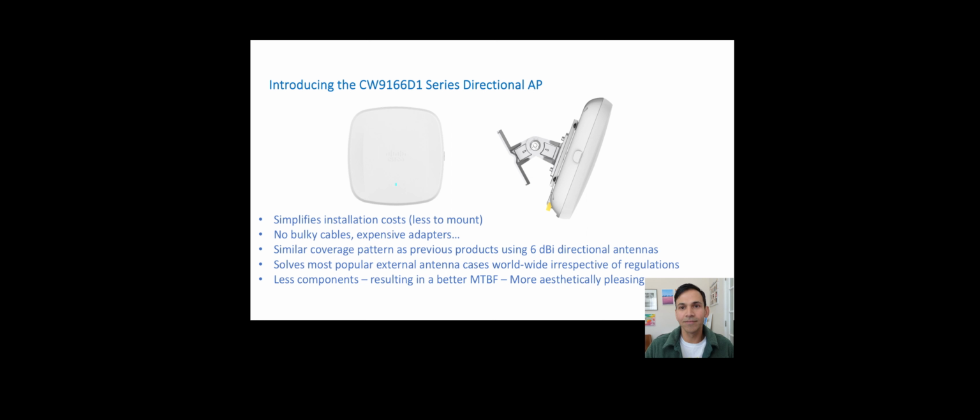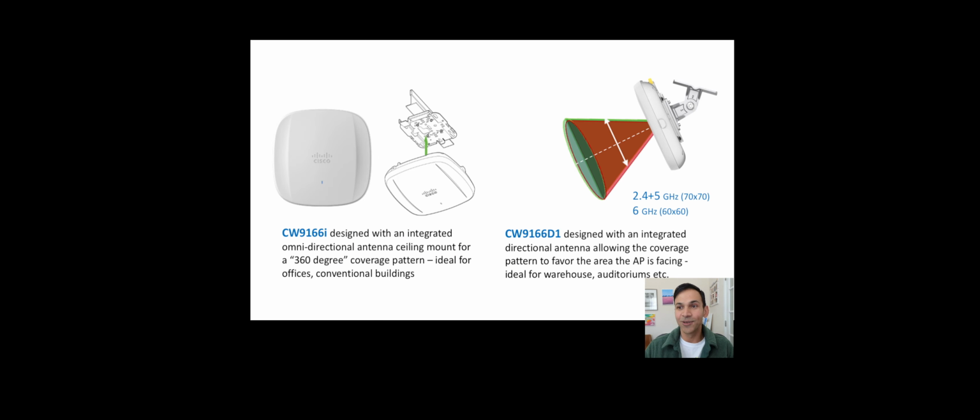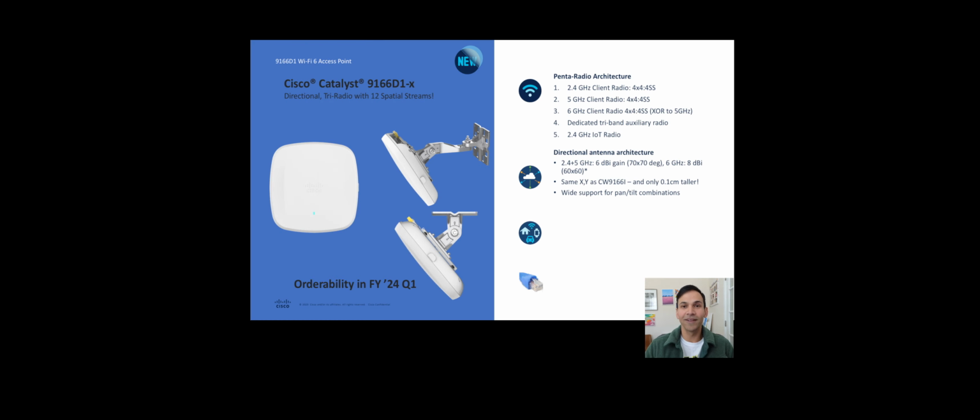What if I say there is a new solution? More aesthetically appealing, no external cables connected to it, and a patch antenna integrated into the AP, providing a 6 dBi antenna gain. That's where we have the Catalyst Wireless 9166D1. It provides 2.4 and 5 gigahertz with 6 dBi, that is 70 by 70 degrees, and 6 gigahertz with 8 dBi antenna gain, that is 60 by 60.